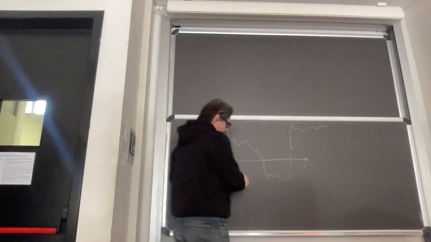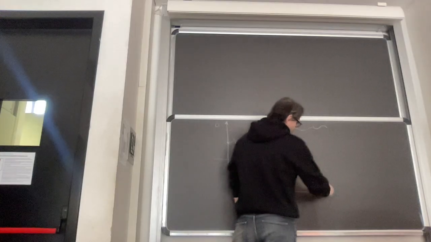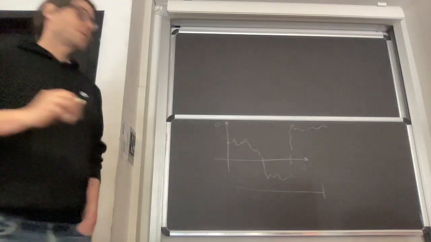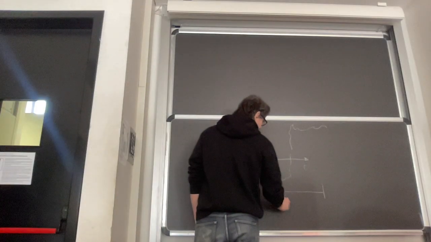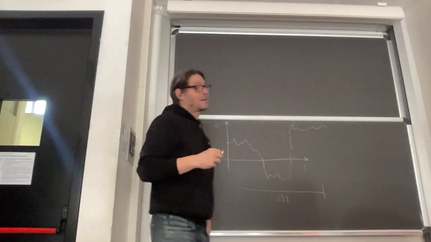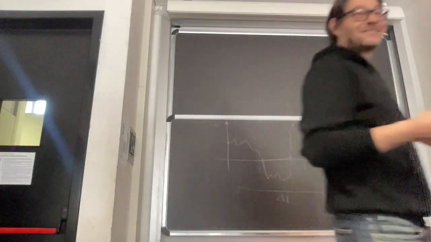And probably when we measure these observables with an experiment, we have a finite time resolution, large delta T, right? That is likely to be larger than the femtosecond.